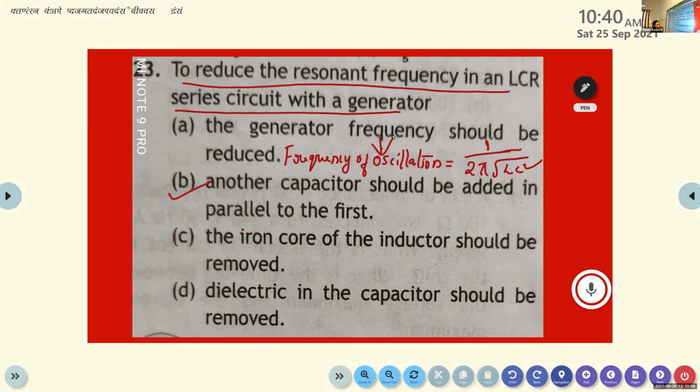So here we have one condition. Whenever we add more capacitors into the circuit, the effective capacitance increases. If the effective capacitance increases, what happens to the resonant frequency of the circuit? Does it increase or decrease according to this equation?